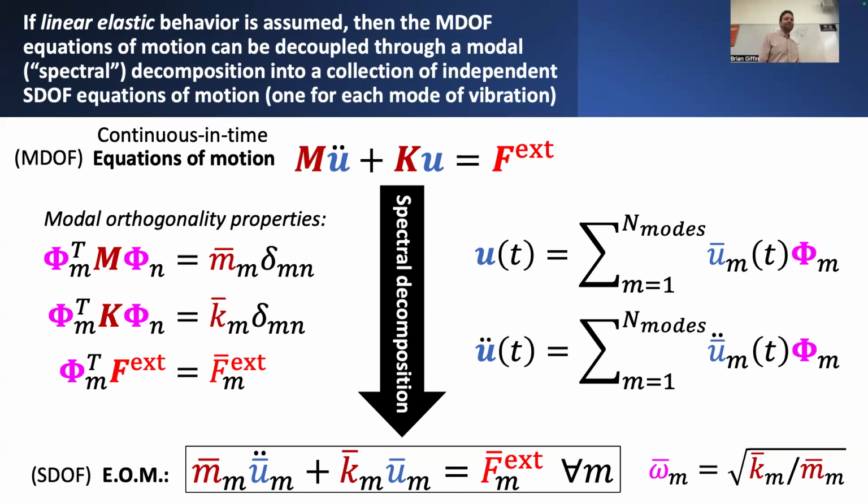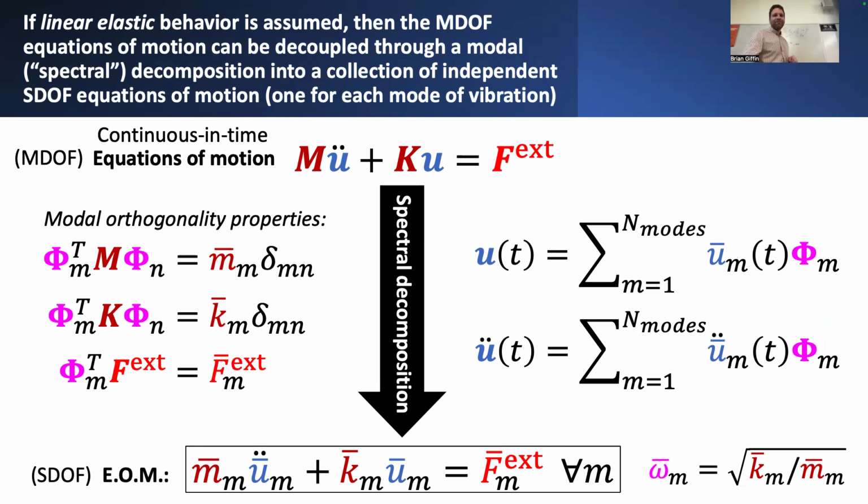And all it takes is choosing to represent the displacement vector and also the acceleration vector as a linear combination of the mode shapes. So basically, the total vibration observed for the structure as a whole is effectively the superposition of the modal vibrations of each one of these different modes happening independent of one another.